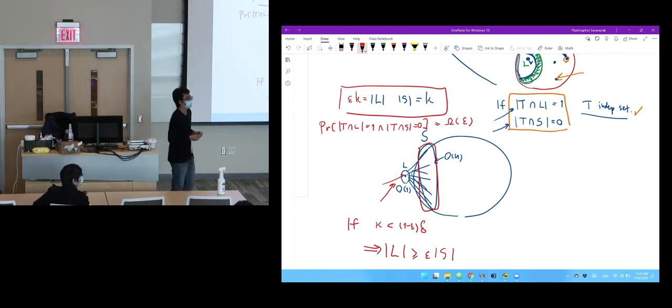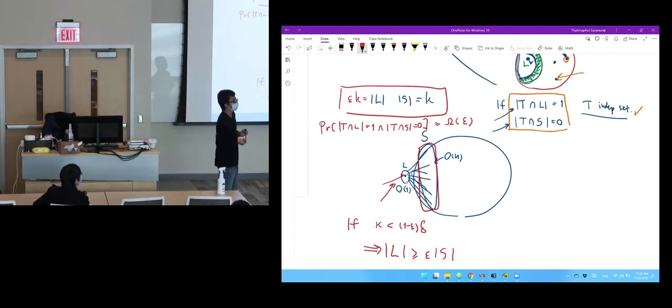But for K, we only have a lower bound on that. Say it again. If we only have L, it's at least epsilon itself. Oh, right. So, okay, good.